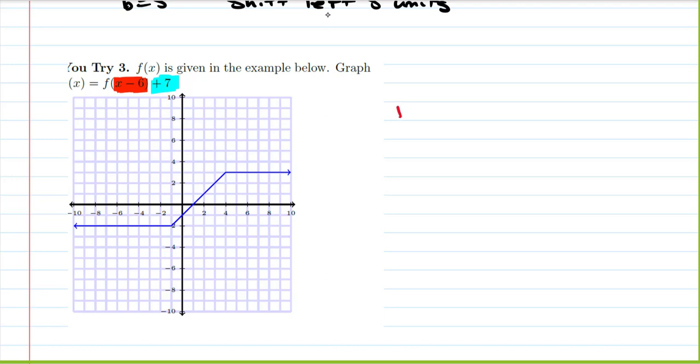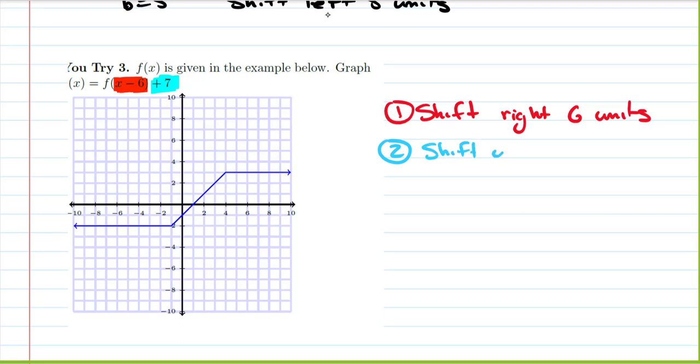So our x minus 6 on the inside, this time it's negative 6, so it is going to go right 6 units. And then the plus 7 on the outside is going to shift up 7 units. So we're going to go right 6 and up 7.